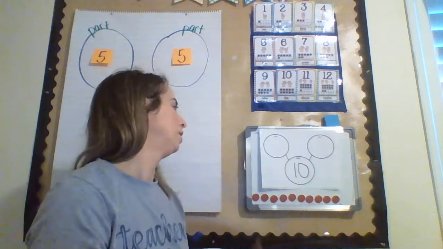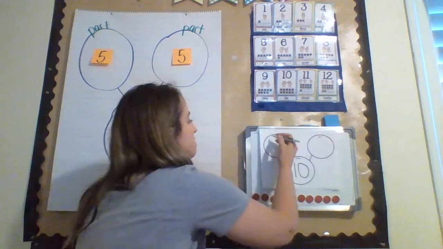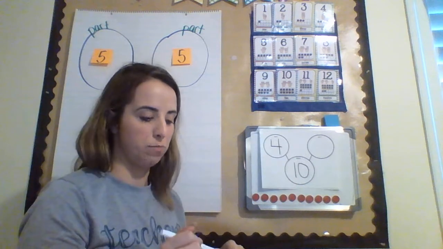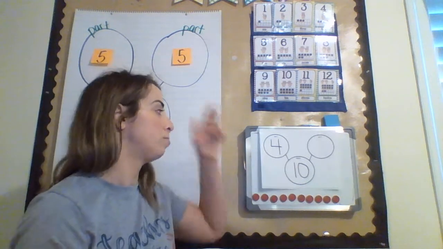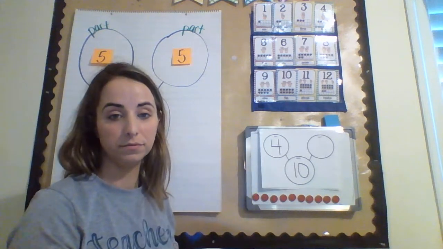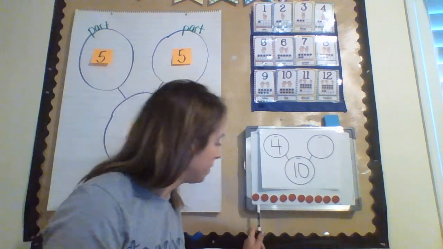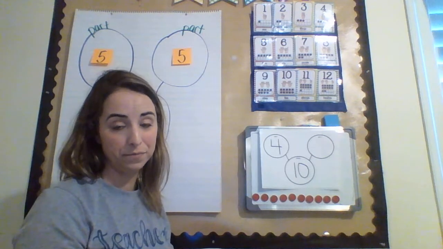Okay, so our next one is going to be the number. Go ahead and write your first part. Remember, you are using your pen that I gave you to write your first part. Okay, when you are done with that, how many counters do I know I need to flip over? How many?